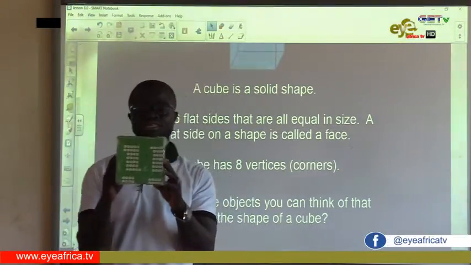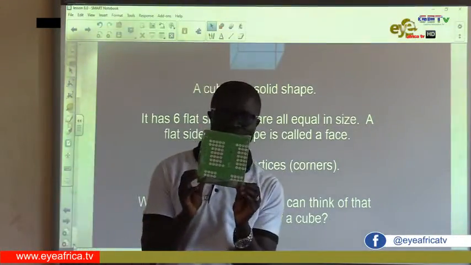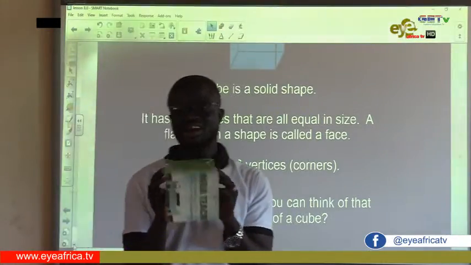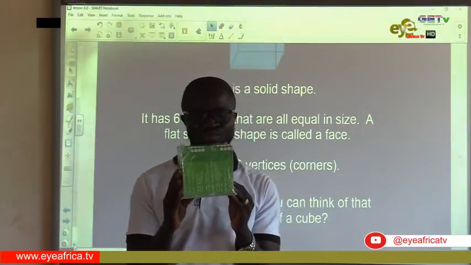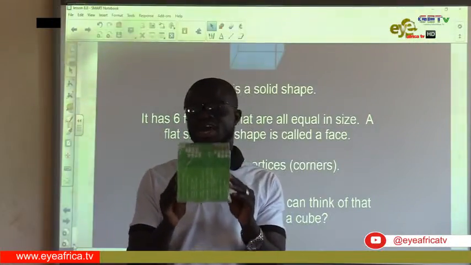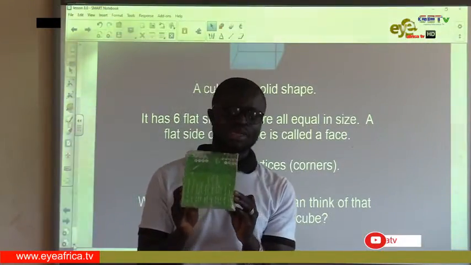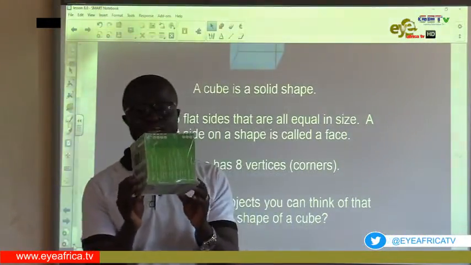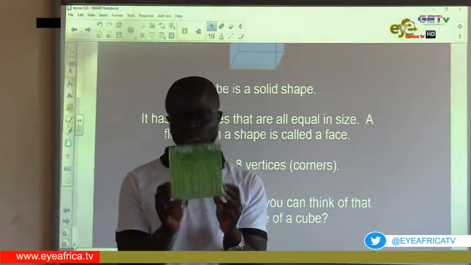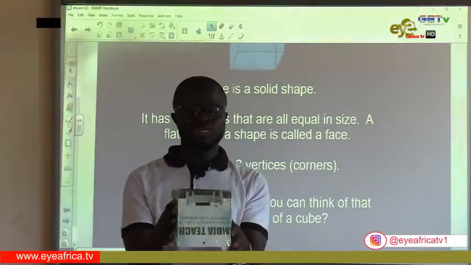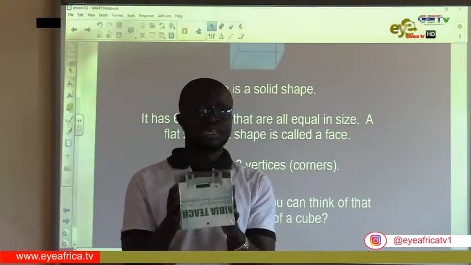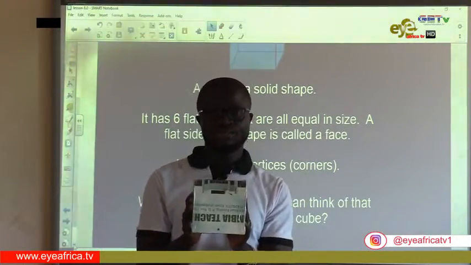Now, this is a box, and the box I have in my hand is a cube. This is an example of a cube. Remember we said a cube is a solid object or a solid shape. So if we look at the parts that are used to build up this object, obviously we can say it is a solid object.